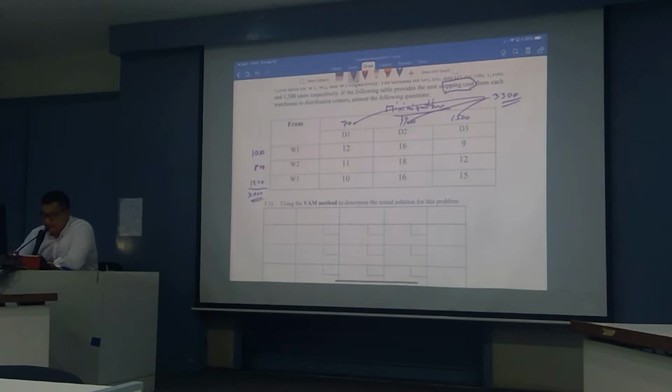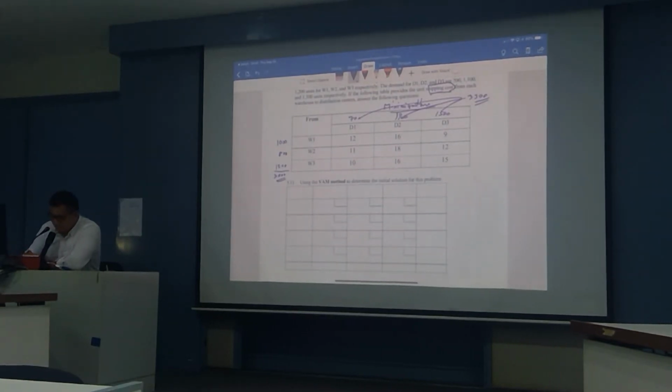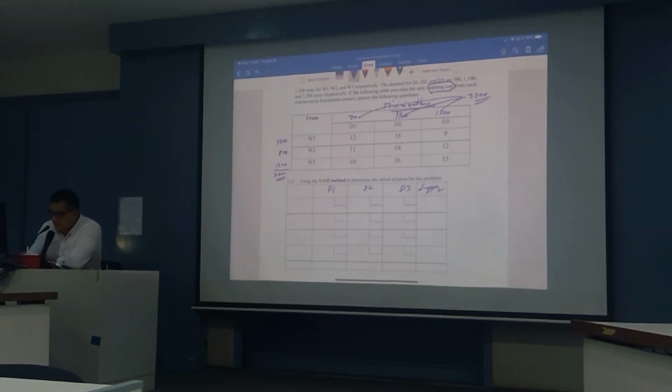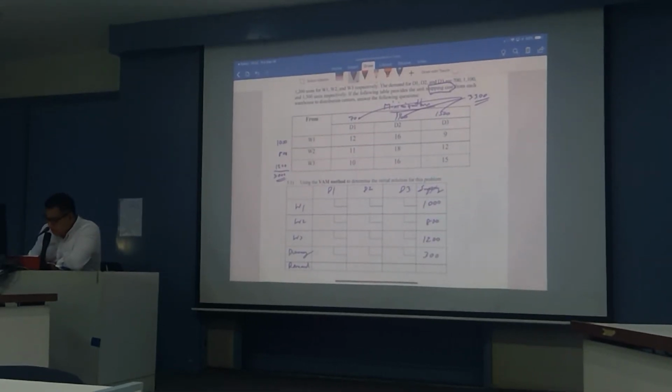So in this case, let's say this is D1, D2, D3, and this is supply. We have W1, W2, W3, and this one is a dummy. We have demand, and this is 1,800.